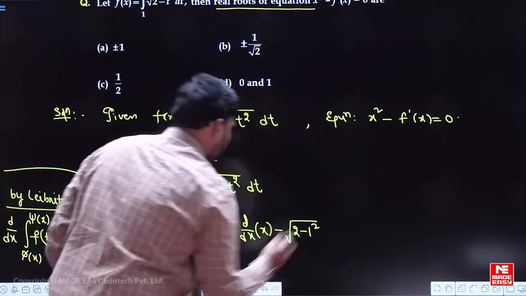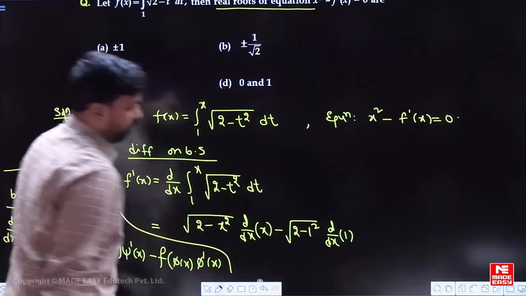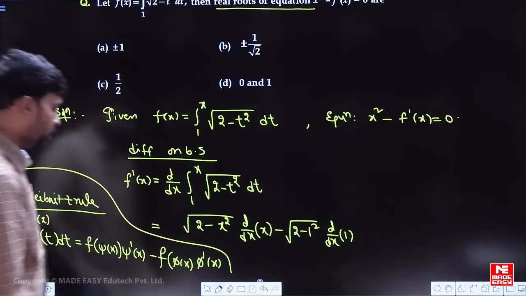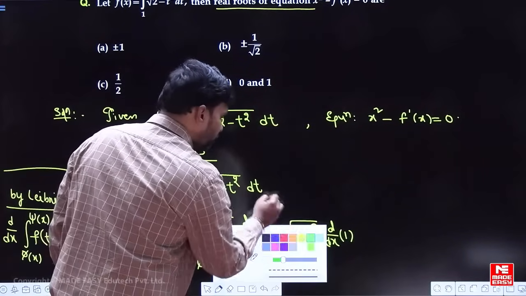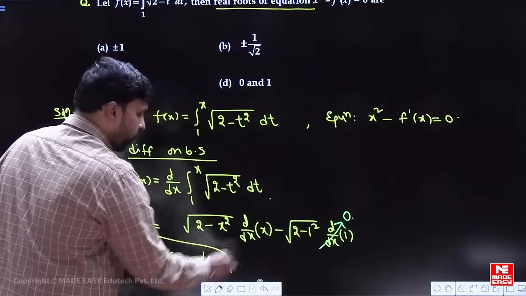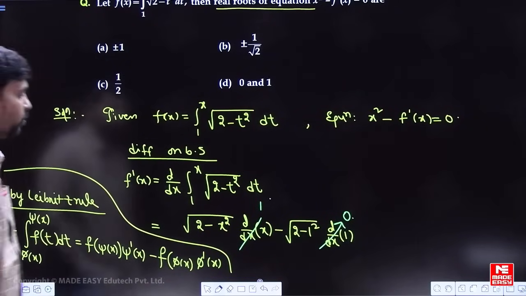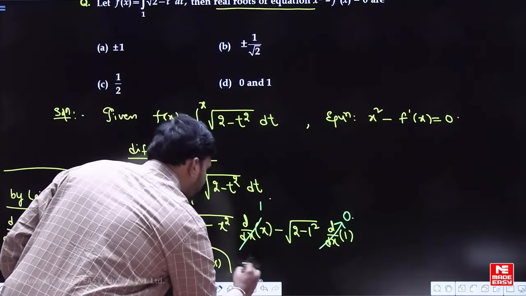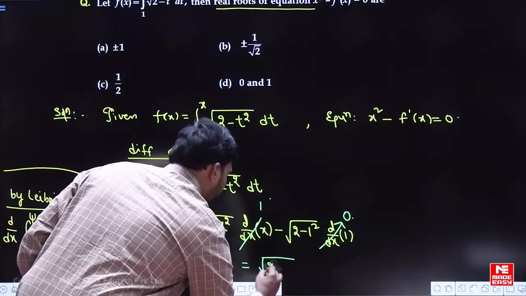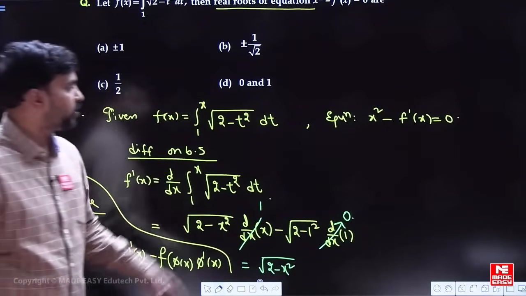So it is 1 square into the differentiation of the lower limit 1. But you know the differentiation of a constant is 0. So dx by dx is simply 1 here. Therefore f dash of x is nothing but under root of 2 minus x square.